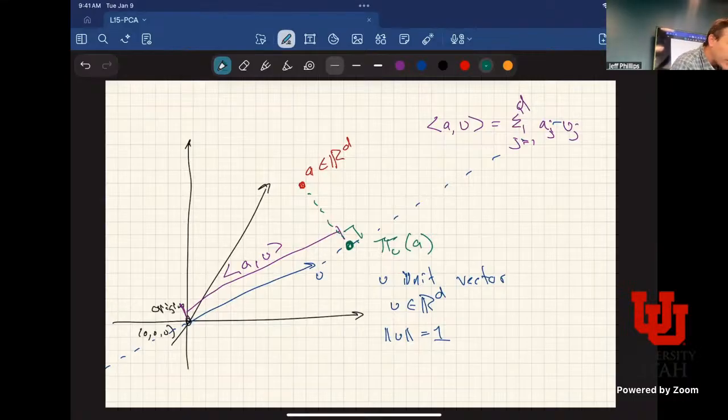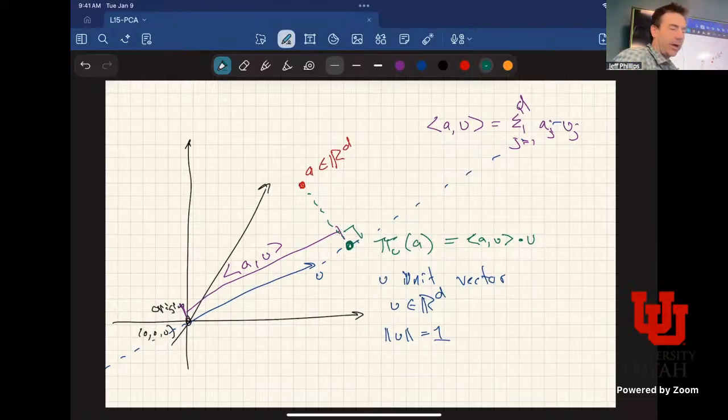This point is going to be the dot product A·U times the vector U. So I want this vector, which is a d-dimensional vector. How far along that vector do I go? I go this dot product.